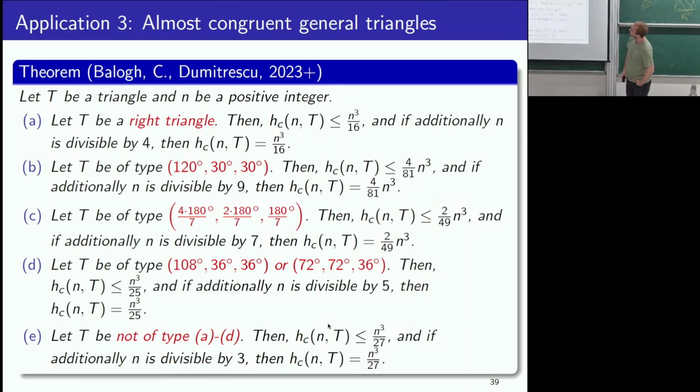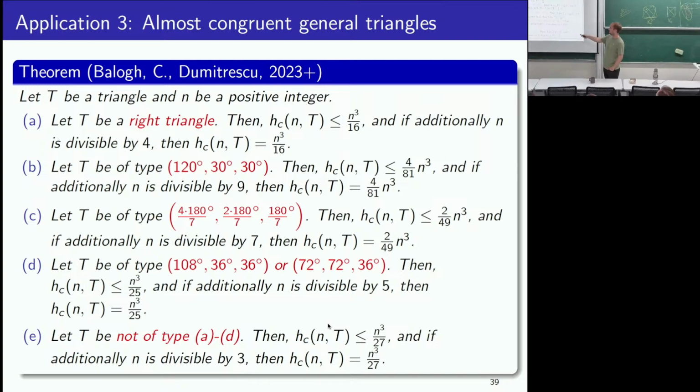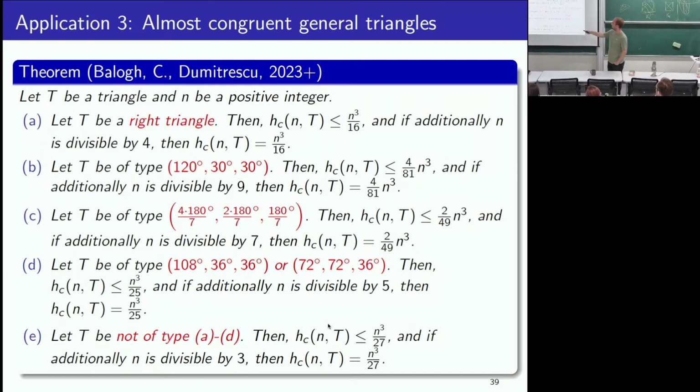Yes, it doesn't look so nice, but I will try to make the theorem look a little bit nicer in a second. So let's only focus on the red things, because those are going to be the cases. Okay, right triangle, 120, 30, 30 is also a special case. 4π/7, 2π/7, π/7. And these two are going to be special. And then we have some last category where none of these exceptions are happening.